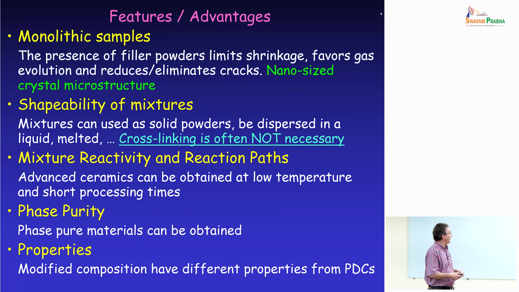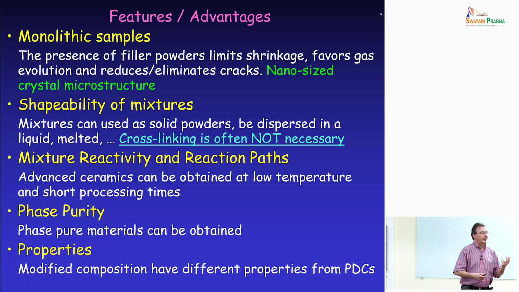So the features and advantages of the filler approach are that you can obtain monolithic samples with no cracks. You can control the crystal phases that you form depending on the amount of material and type of material and the firing conditions.